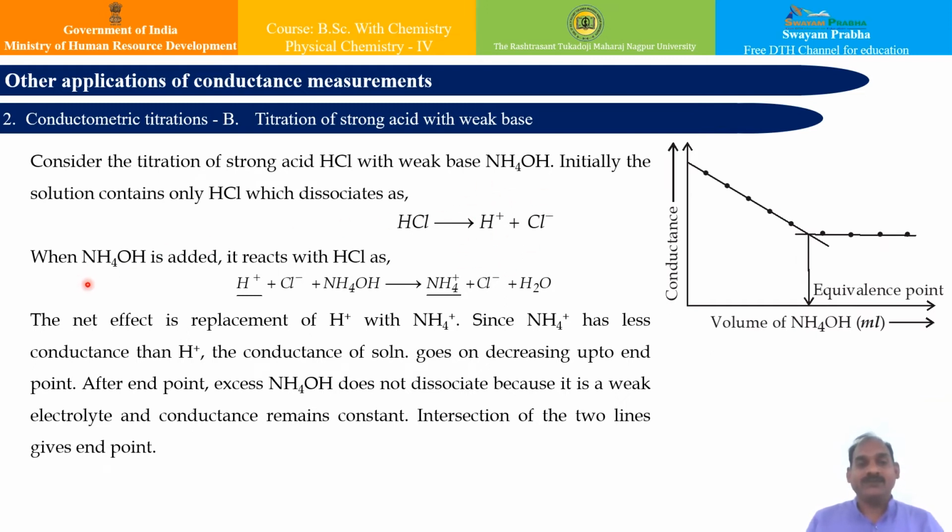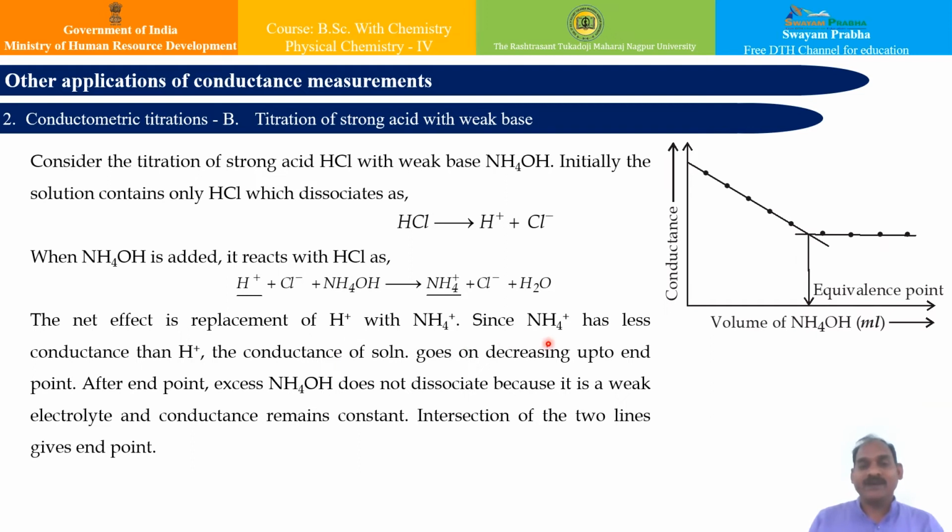Now when NH4OH is added, it reacts with HCl: H+ plus Cl- plus NH4OH gives NH4+ plus Cl- plus H2O. So H+ is combining with the hydroxide ion, and the net effect is the replacement of H+ with the ammonium ion.